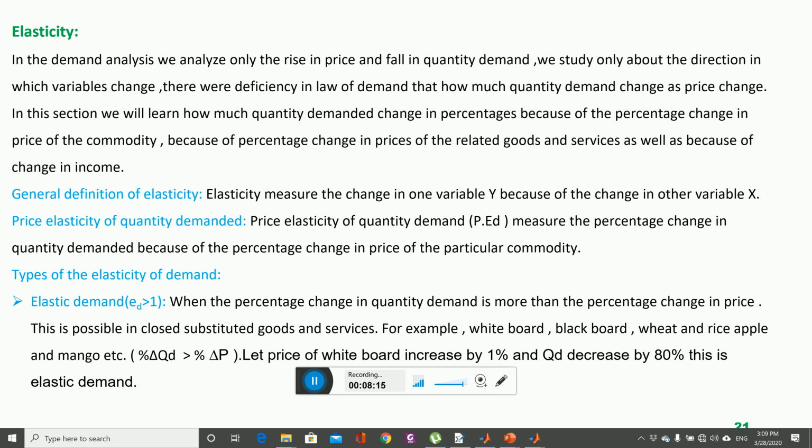So if you are increasing the price, you are losing the customer. Demand is very elastic. If you increase the price a little, you lose many customers because a substitute for this commodity is available. So this is possible with close substitutes. That is why for this type of commodity, we call the demand elastic demand.